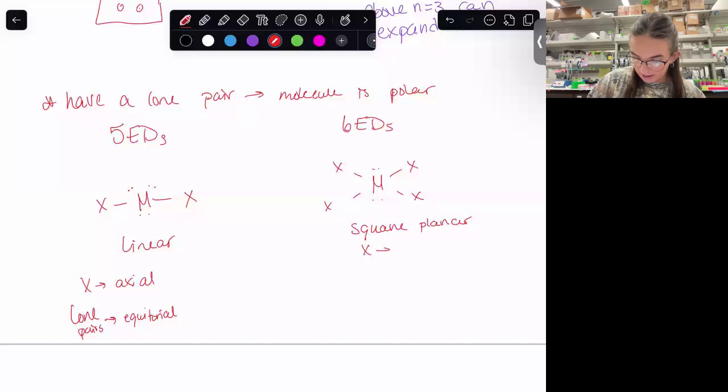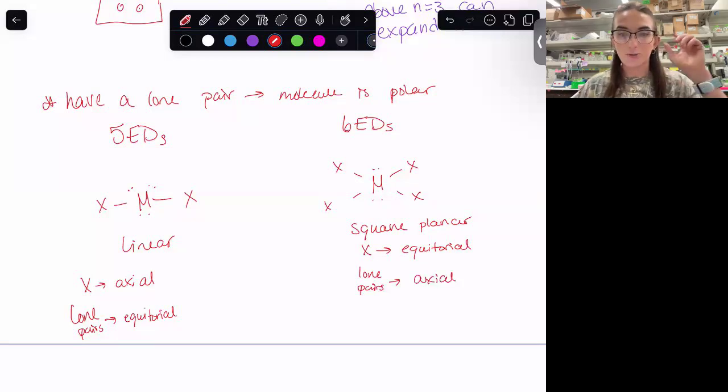This time X is equatorial and your lone pairs are axial. Your lone pairs being axial will cancel each other out. And then your equatorial atoms are in a square, so they're pulling at the corners if you do the diagonals, and those will cancel each other out as well.